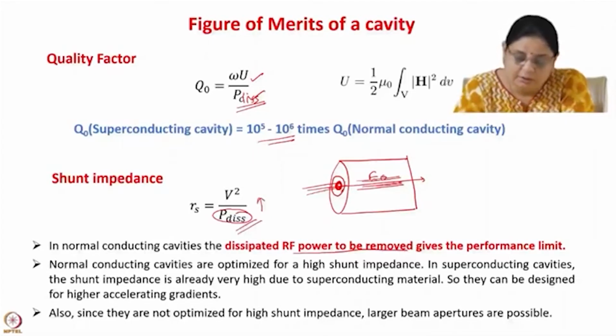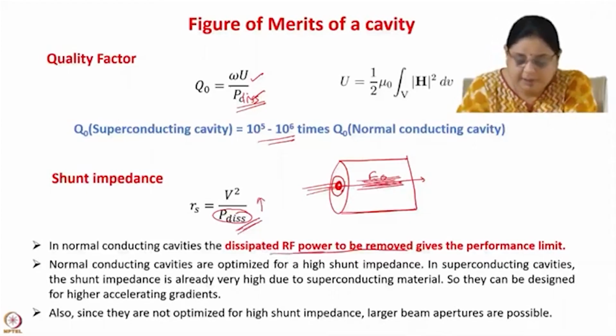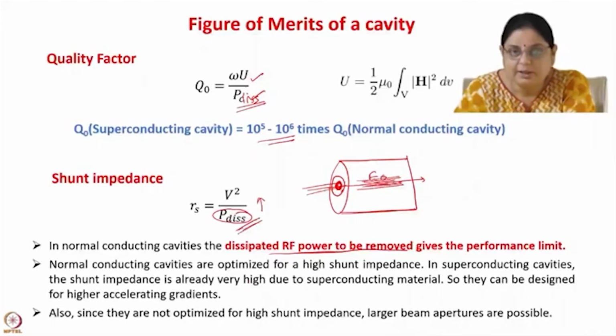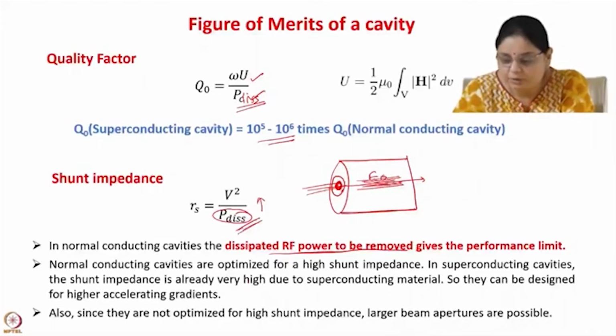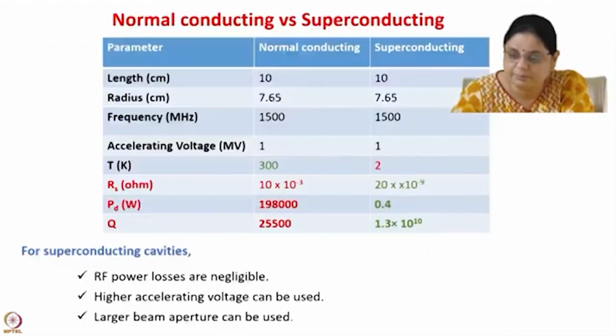How high an electric field you can choose for acceleration depends upon what power dissipation can be easily removed by cooling the cavity. So that dissipated RF power to be removed gives the performance limit. Whereas in a superconducting cavity, this power is not very high, so you can afford to increase the accelerating voltage. So your accelerating field or accelerating voltage is very high in a superconducting cavity.